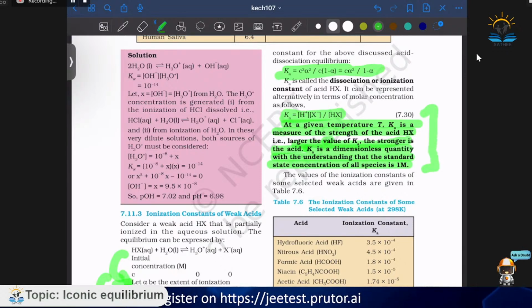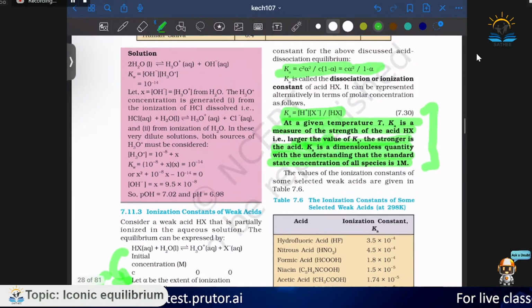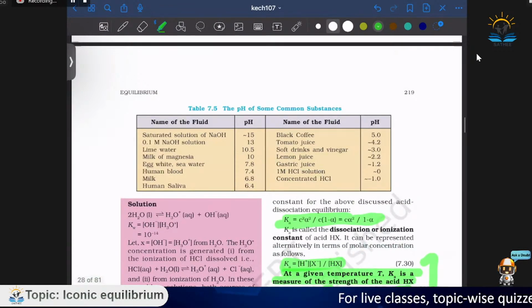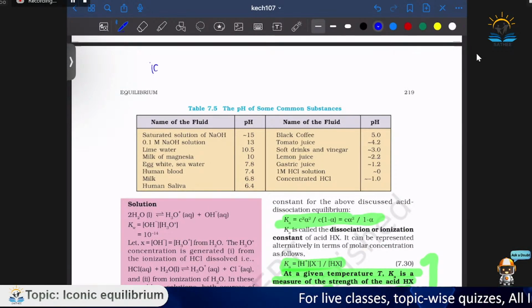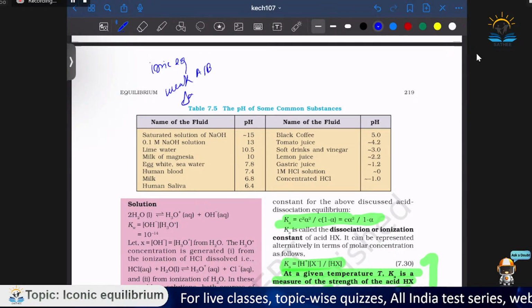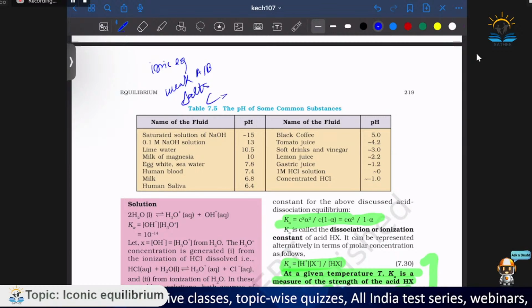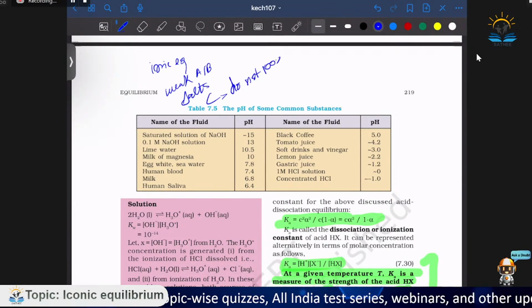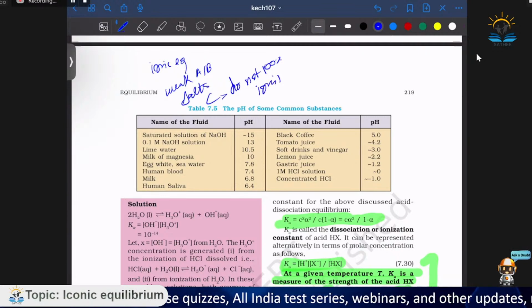So these are a few things about the ionization constant of weak acids. You don't need to define the ionization constant of strong acids because they dissociate 100%. There is no equilibrium basically in strong acids, right? So in ionic equilibrium, we will be dealing with weak acids or bases and salts, even salts which do not ionize 100%.